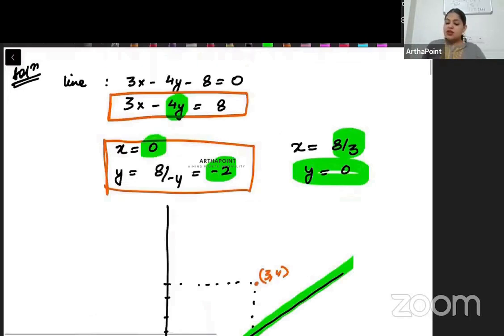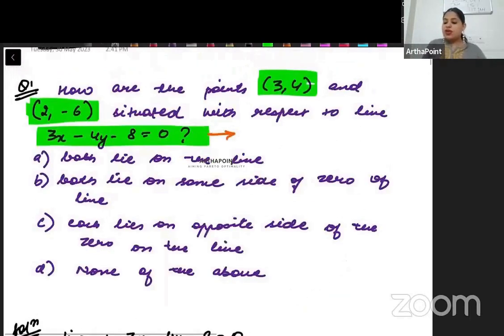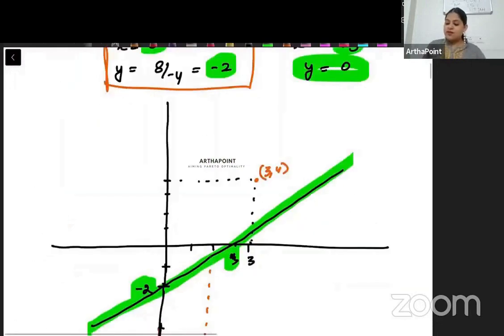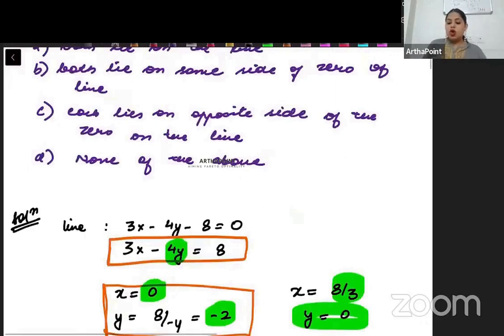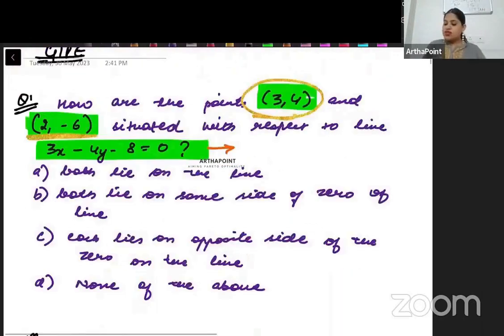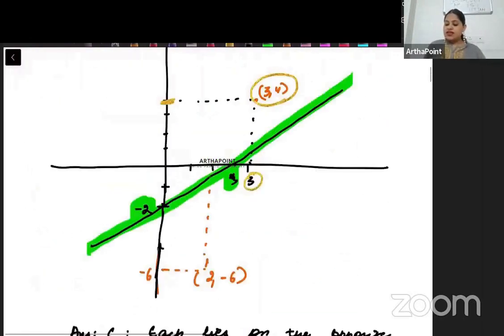Now it says there are two points. The first point is 3, 4. So 3 is here and 4 will be here. So 3, 4 is here. And the second point is 2, -6. So 2 is here, -6 is here. So 2, -6 will be here.